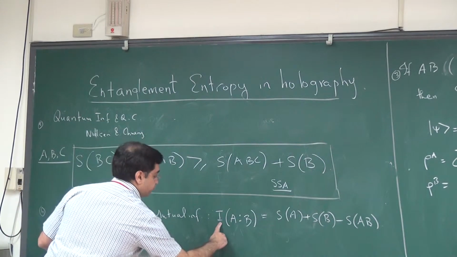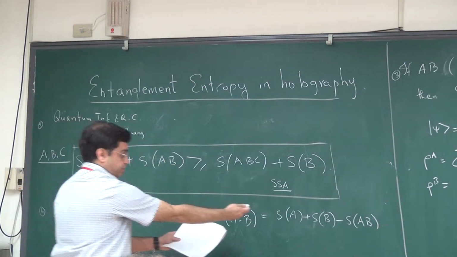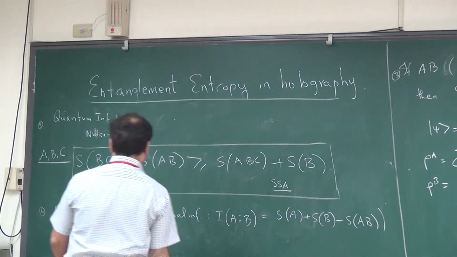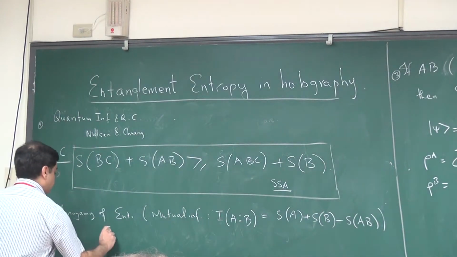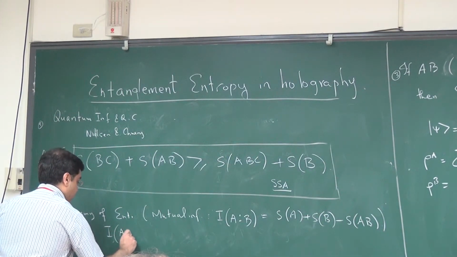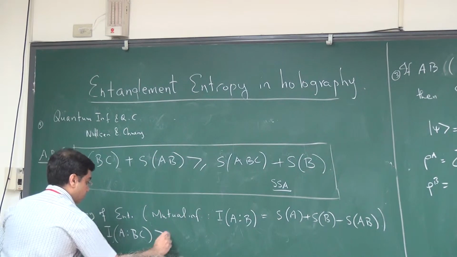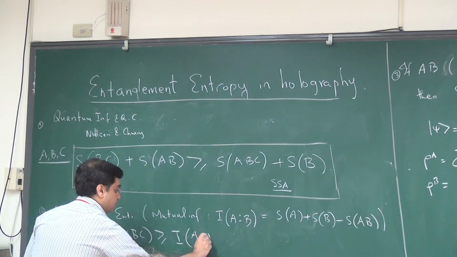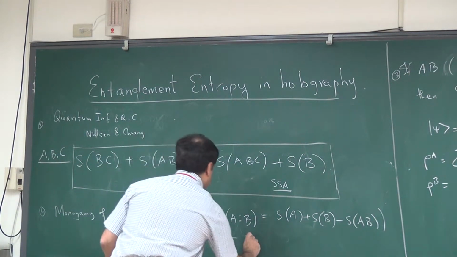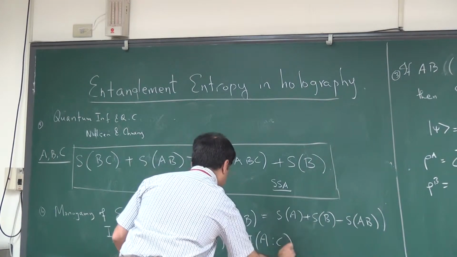In terms of this notation, the monogamy of entanglement can be written as I(A:BC) is bigger than or equal to I(A:B) plus I(A:C).